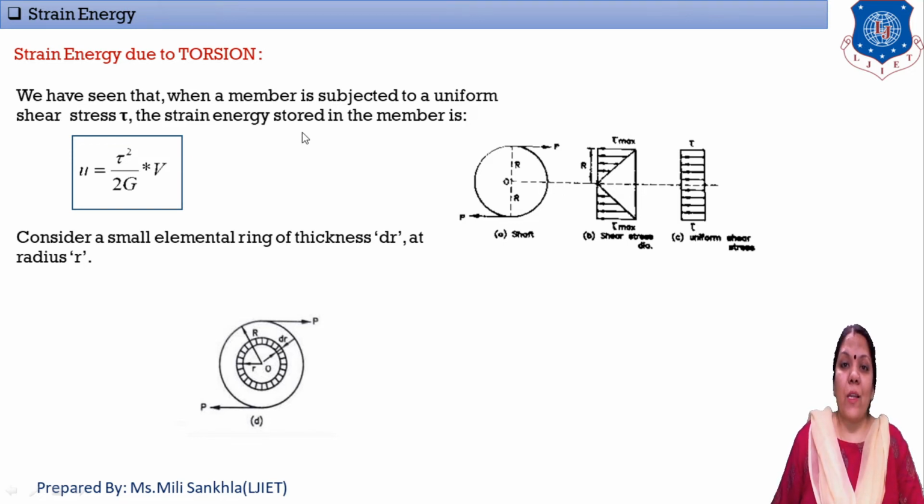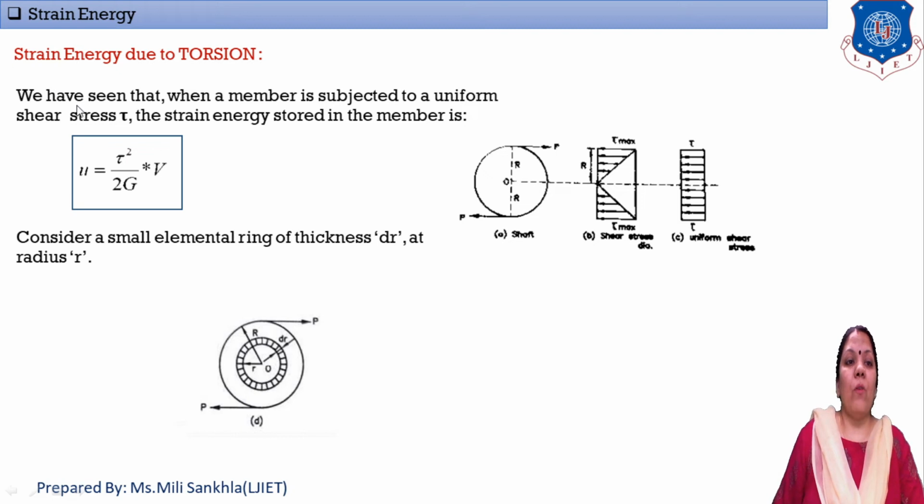To prove this derivation, we apply a couple force on the given shaft, and this force induces a twisting or turning moment in the shaft, and we find out the strain energy stored in the given shaft due to this torsional twisting moment.